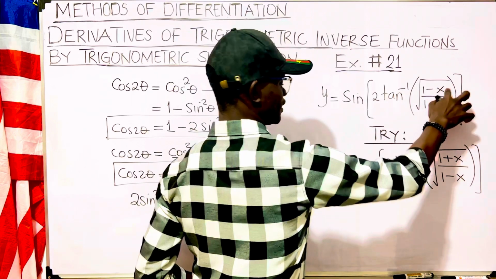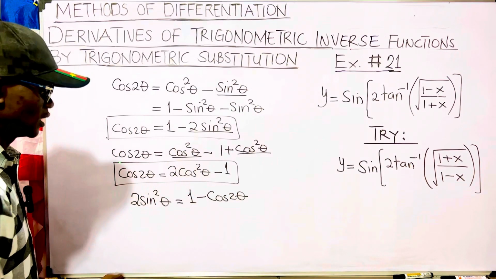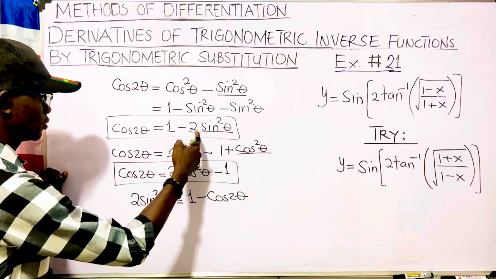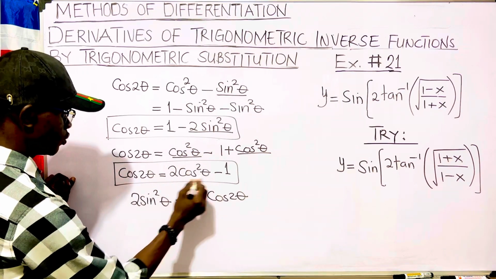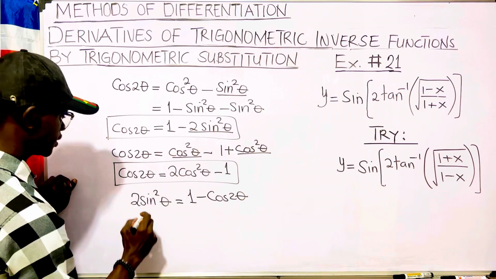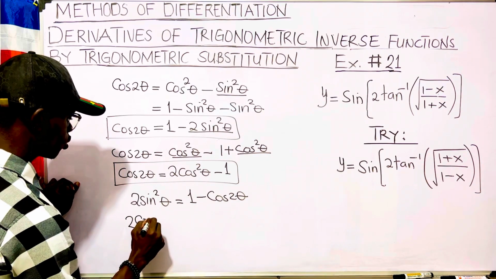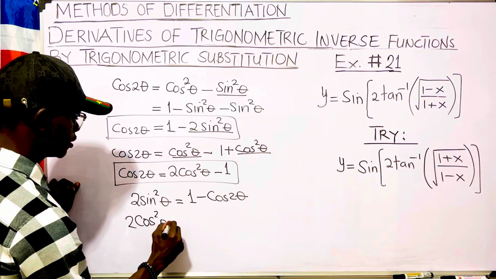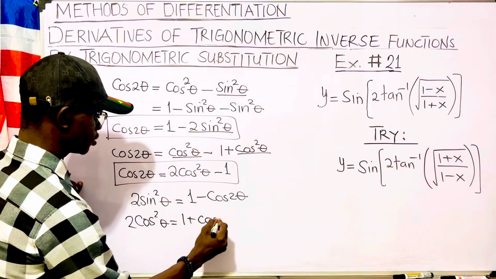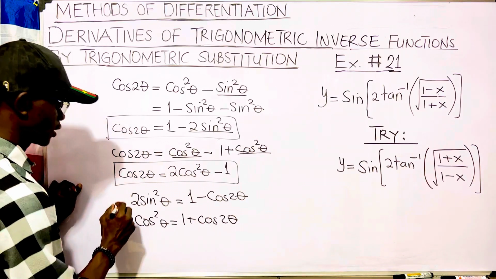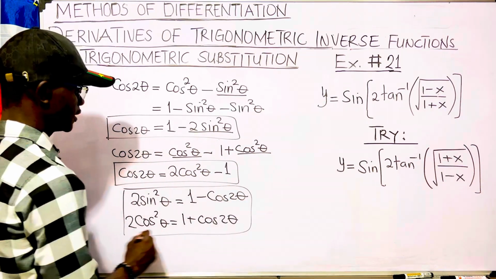So we will replace this x with some cos of 2 theta. Similarly, if we do that for the next identity, that is, we send this 1 across the equal sign, we will have 2 cos squared theta, and this is positive now, so it's 1 plus cos of 2 theta. Now we have these two important identities.